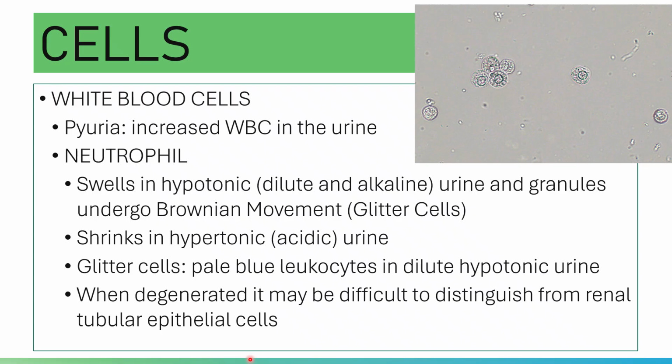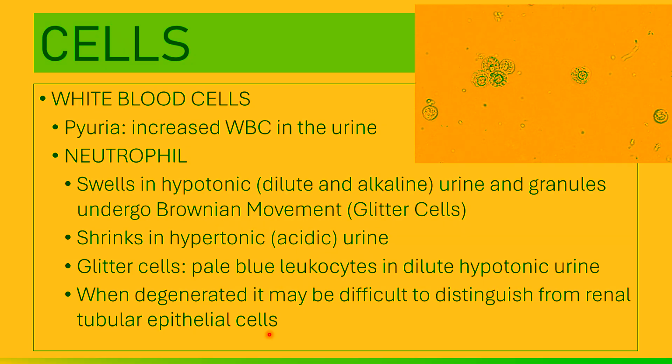So yes, leukocyte esterase is an important tool to confirm pyuria in case of dilute or hypotonic urine. However, if cellular degeneration has begun and the neutrophil is degenerated, it may be difficult to distinguish from renal tubular cells.